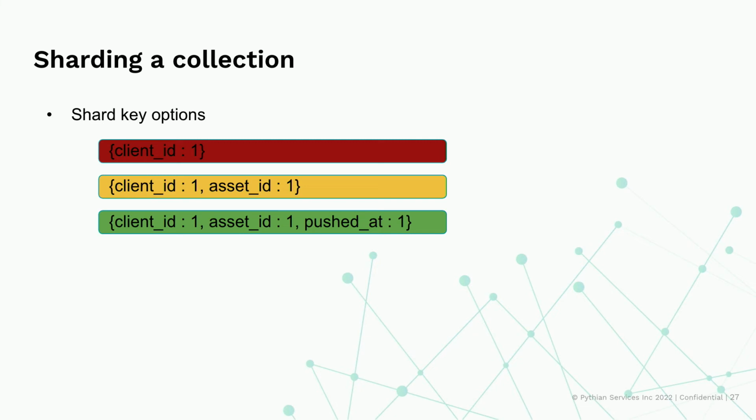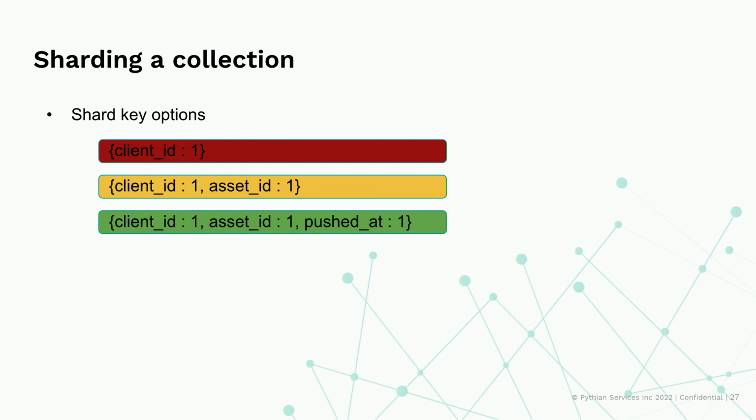So the next option is to do exactly what the request for the reporting needs: for each client and asset ID we partition with the pushed at, which is the date.